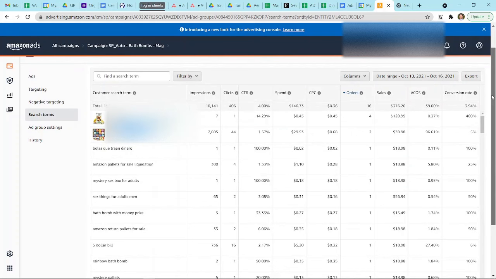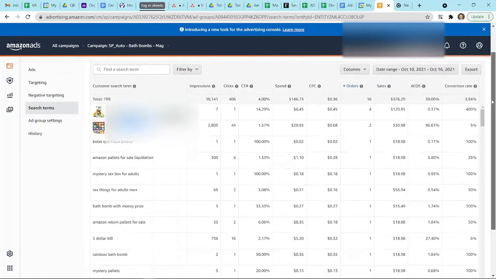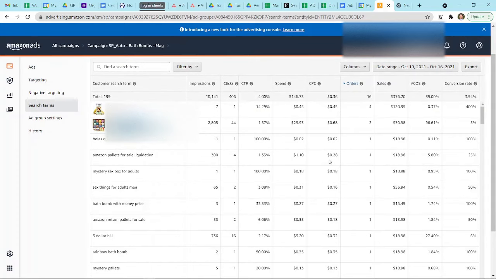Okay, so you can see what we're doing here. We're looking at orders, we're looking at clicks, and usually what I'm looking at is I'm comparing the number of impressions to clicks, and then how many orders that translates into, and I'm also looking at ACOS. So I'm sort of looking at all those numbers combined, but certainly where you have, you know, 5% ACOS, right?